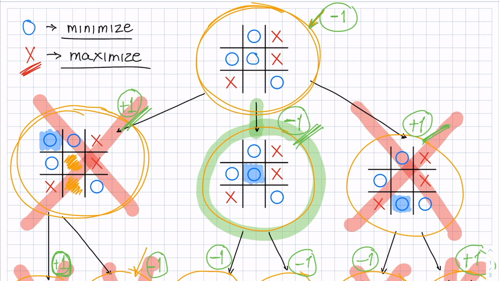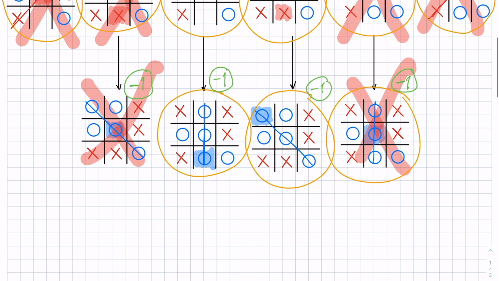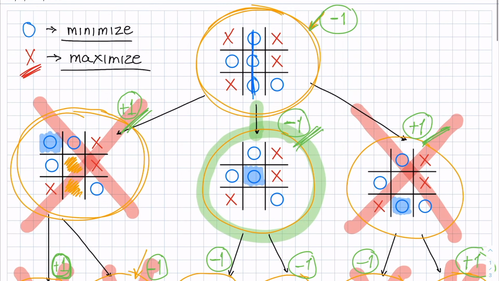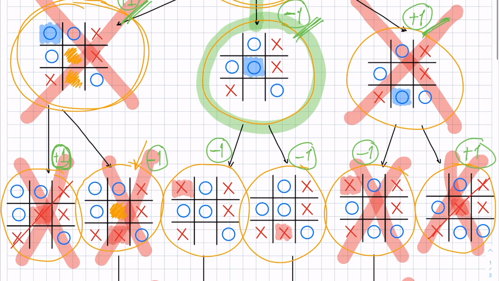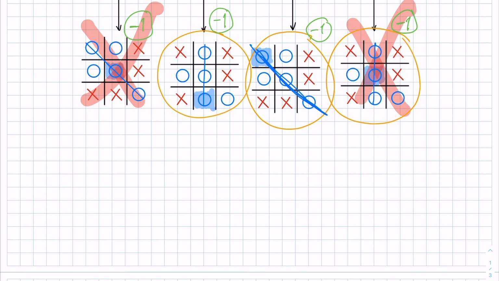Then it doesn't matter where the maximizing player marks the square, the minimizing player is going to win with both options. This is the first option, this scenario right here, and the second option is the following. If he puts a circle here, maximizing blocks here, and he then puts a circle here, so he's going to win also, which is this scenario right here.